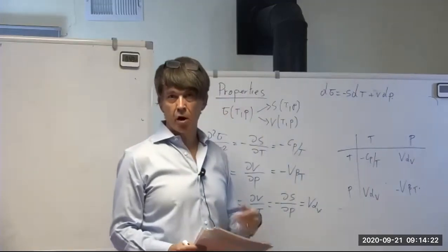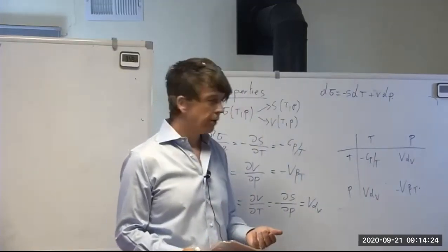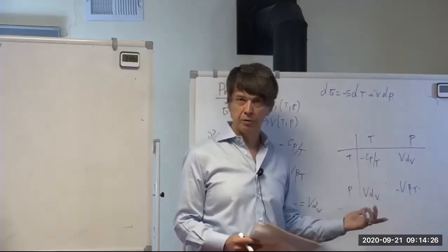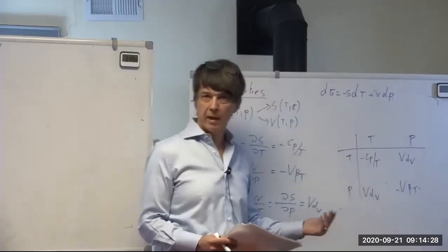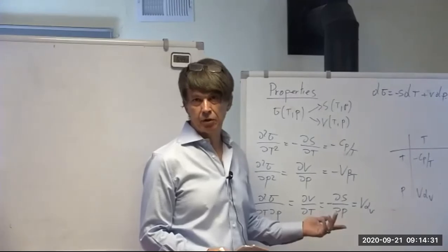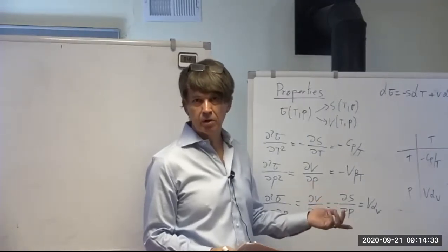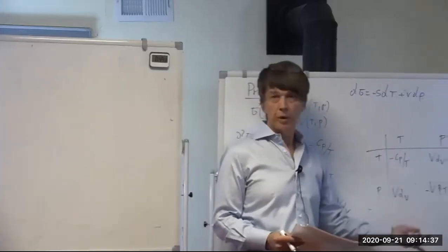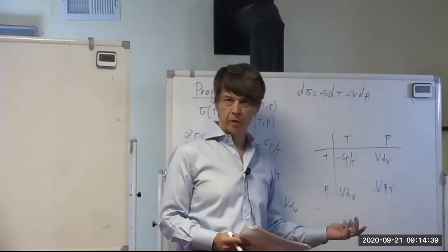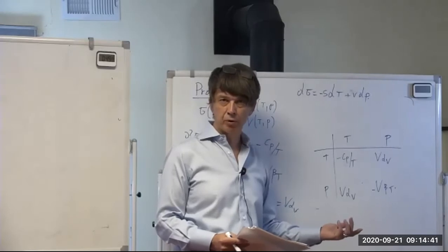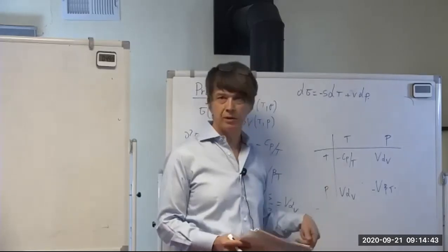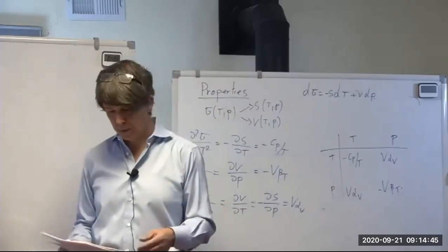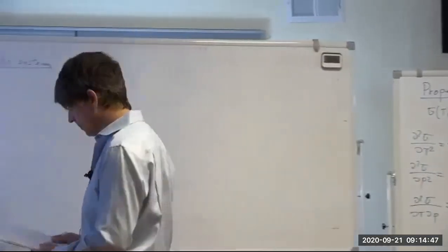That doesn't mean there aren't other properties of the system, but they can all be transformed into these. So I could make the matrix of second derivatives of the enthalpy, for example, or of the Helmholtz free energy, and the properties that show up would be slightly different, but in principle, you are able to calculate those properties in terms of these properties.